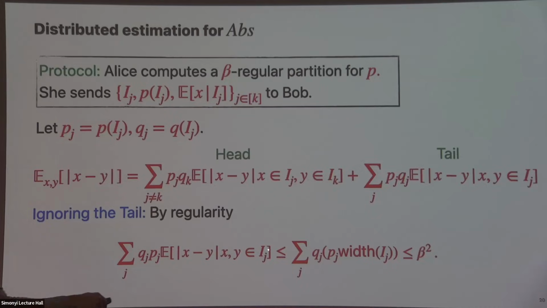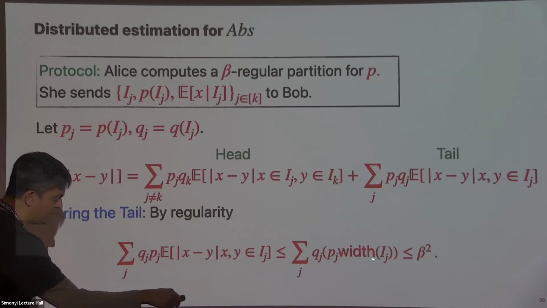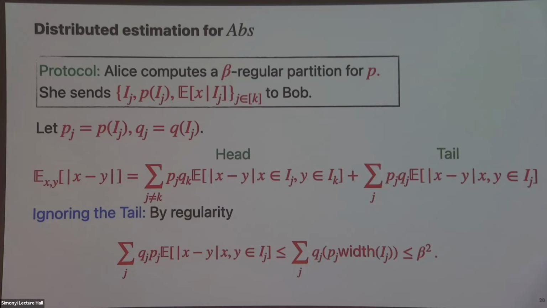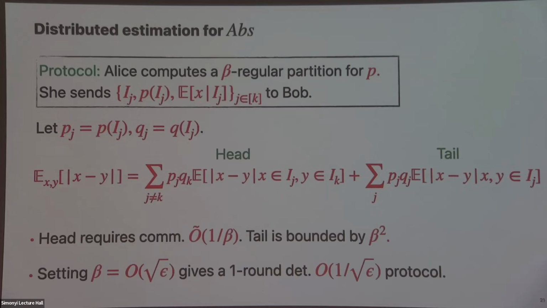So this is bounded by Qj times Pj times the width of Ij. That is exactly the quantity that regularity bounds by beta squared. So once again, it's the expectation of a beta squared bounded variable. It's at most beta squared. So at this point, we've said that the head requires communication 1 over beta because there are 1 over beta intervals. The tail is bounded by beta squared. So if I want an epsilon approximation, I'll set beta equal to square root epsilon, and I've got a 1 over square root epsilon protocol in just one round.